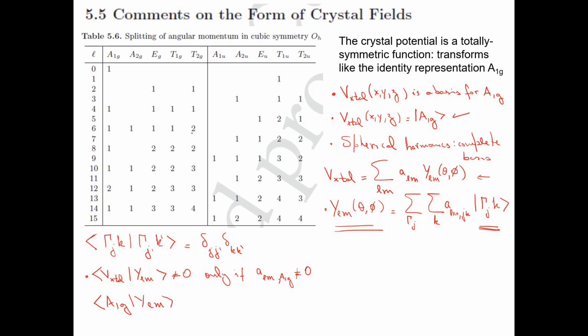So what this table means is this equation for different values of L. And the converse of that is the following: only those representations in which A1G is present, like L equals 0, L equals 4, L equals 6, 8, etc. Only those spherical harmonics are going to be present in the expansion of the crystal potential.